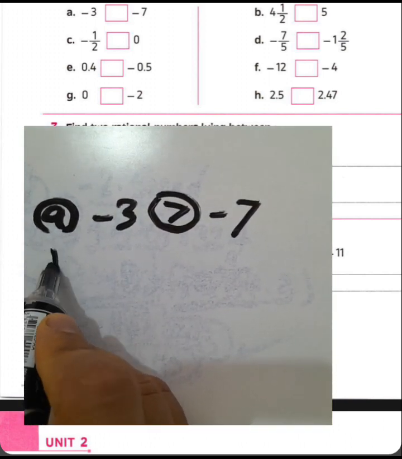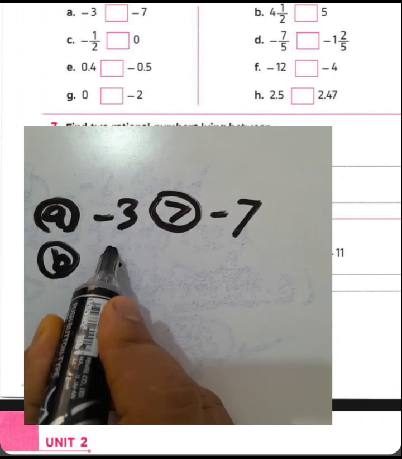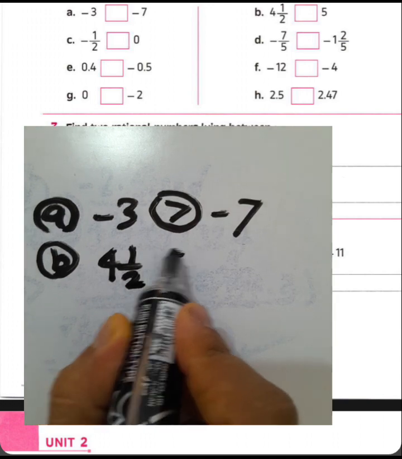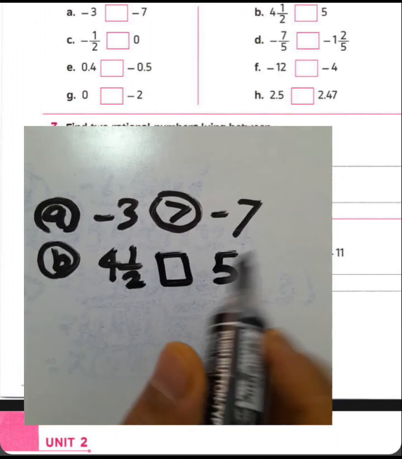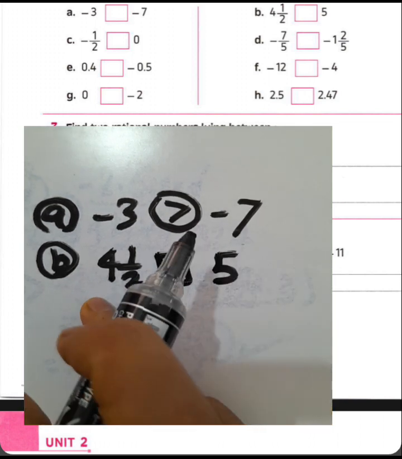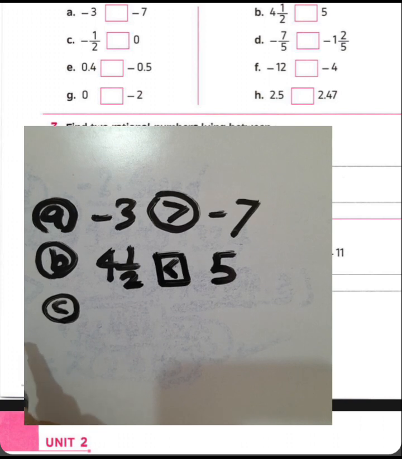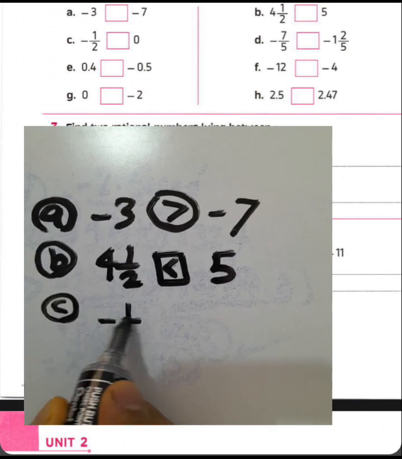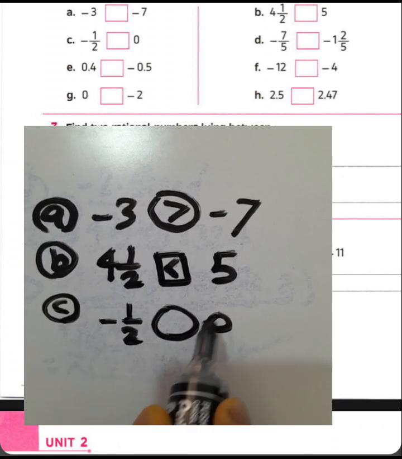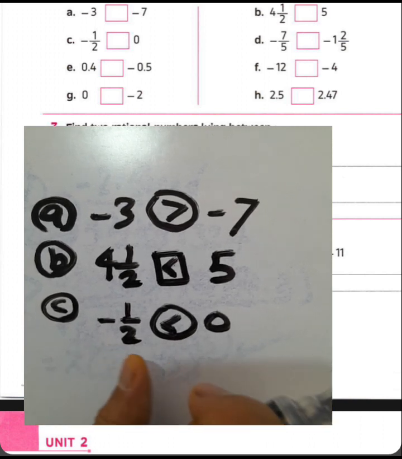Question B, 4.5 and 5. 5 is positive and 4.5 is positive, 5 is greater, then 4.5 is less than 5. Question letter C, negative half or 0. 0 is greater than negative half, then negative half is less than 0.